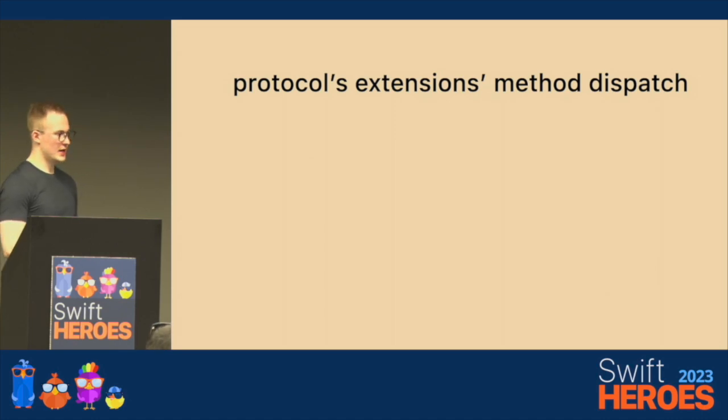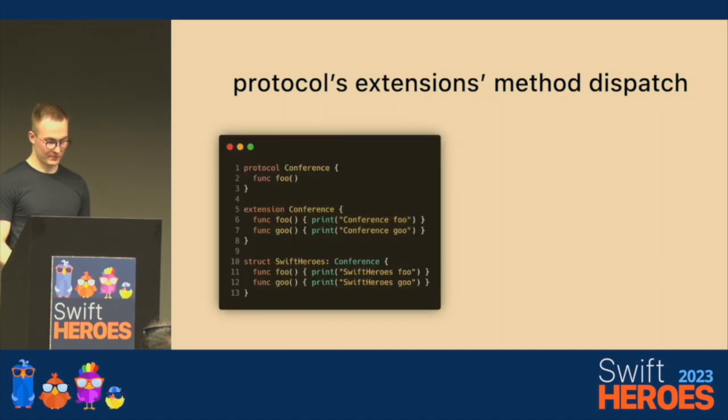So previously, I've said protocol extensions are statically dispatched. And what does it mean? Basically, let's analyze another code we generated for our Swift source code. And here you can see the protocol called Conference, and there's a go function in the extension, which is not in the interface of this protocol, which is crucial in this part.